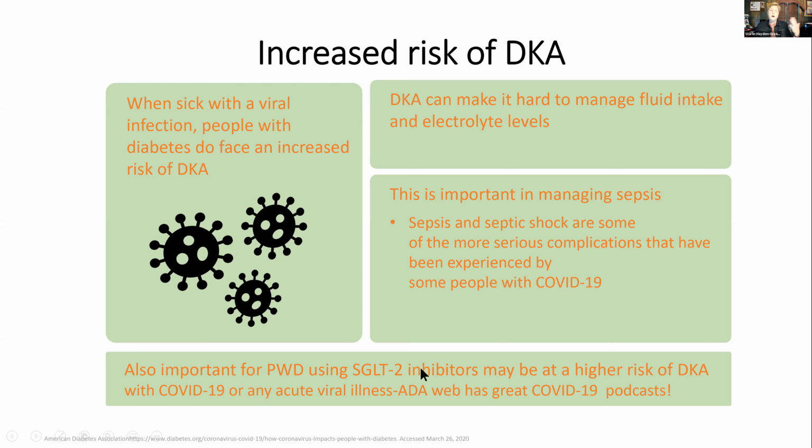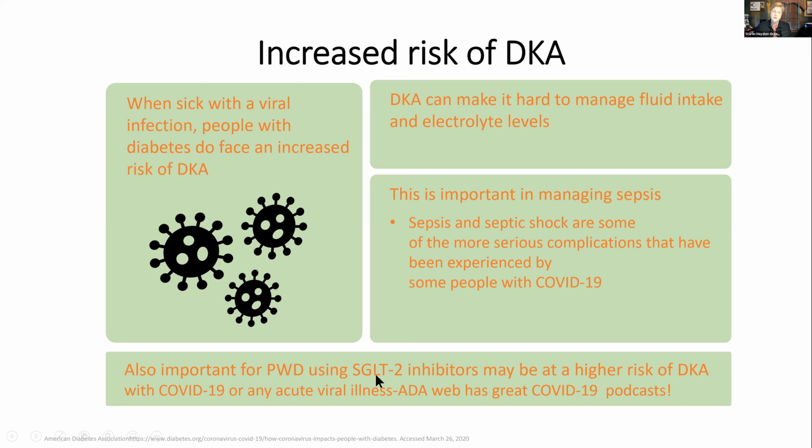She had to back off of them because they were so dehydrated until they got an IV in them that they were having a higher risk of DKA as a result of being on some of these new classes of drugs. So that's important for you to remind people about the hydration.